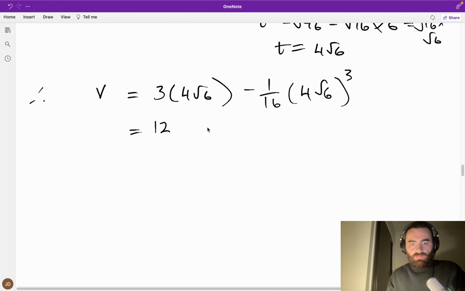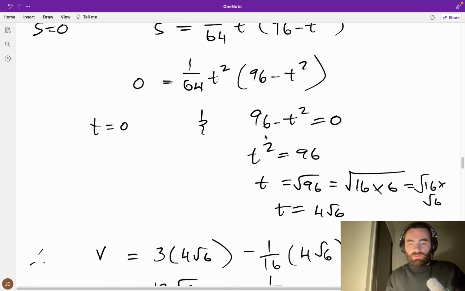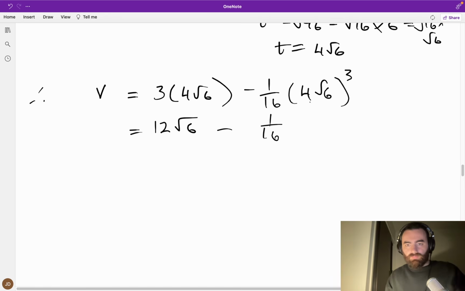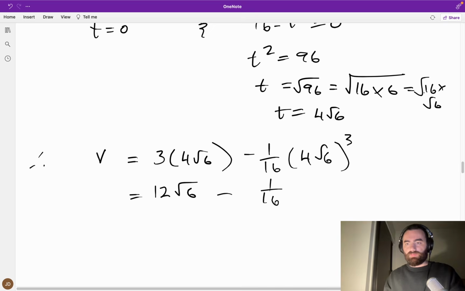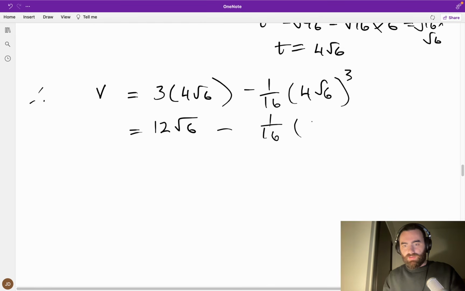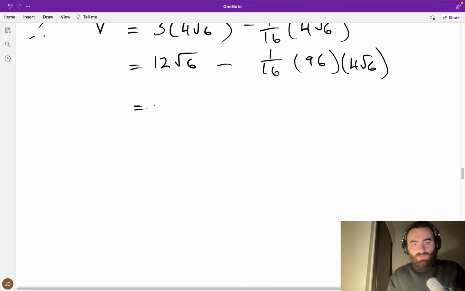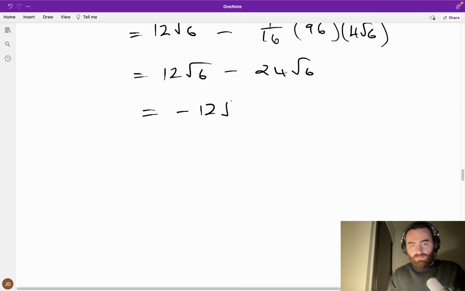That equals 12 square root 6 minus 1 over 16 of 4 square root 6 times 4 square root 6, which is 96, times 4 square root 6. So 96 divided by 16 is 6, times 4 is 24. So this would be 12 square root 6 minus 24 square root 6, which equals minus 12 square root 6.